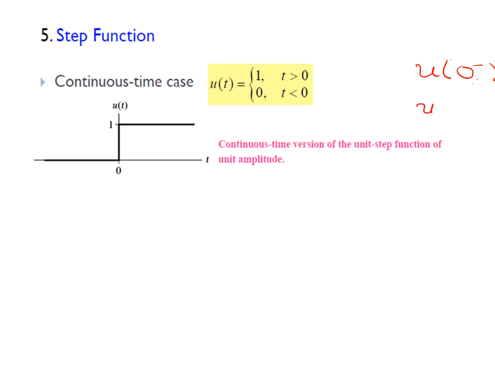Then u at 0 plus is equal to 1. I think it has gone out of the screen, whatever I wrote. Let us once again write here. I'm sorry, this pen I'm not able to write. Okay, I'll explain here itself.